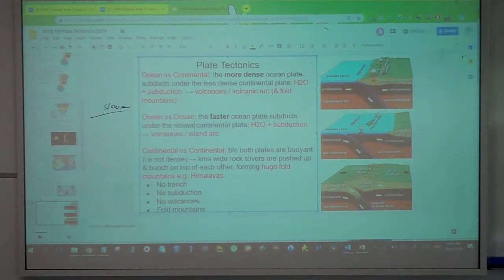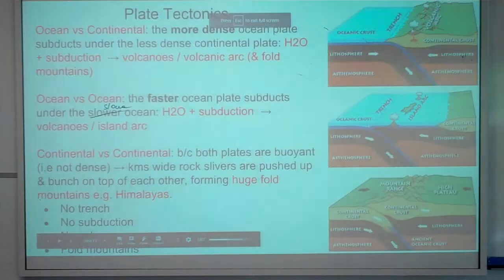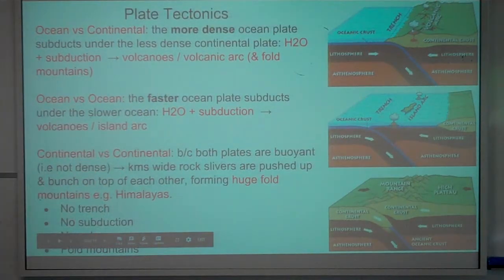Big typo. Slower ocean plate, that should be. There you go. So the faster ocean plate subducts under the slower ocean plate. Water and subduction, you get volcanoes and you get an island arc.